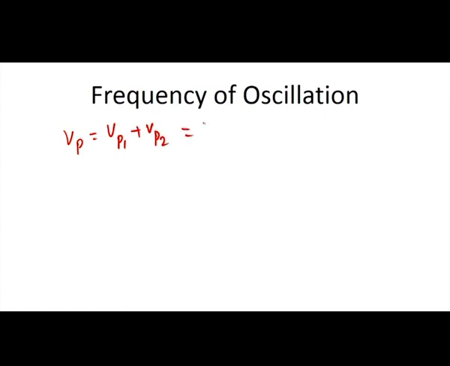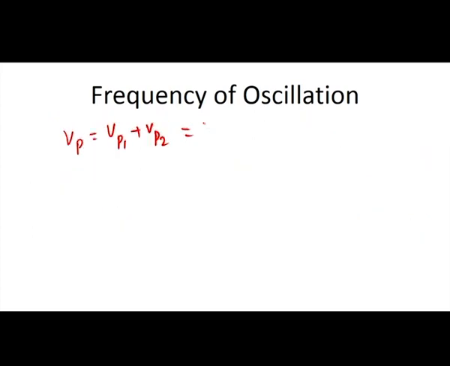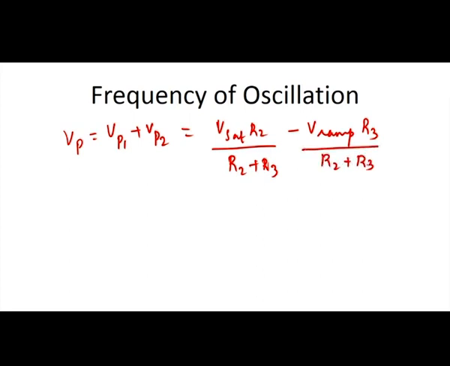Vp1 is Vsat R2 divided by R2 plus R3, and Vp2 is minus V ramp R3 divided by R2 plus R3.